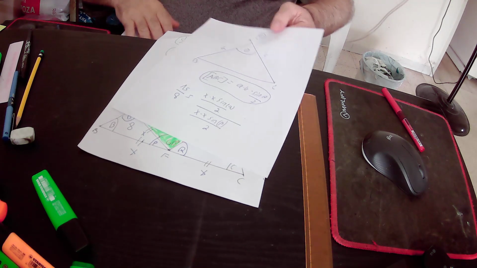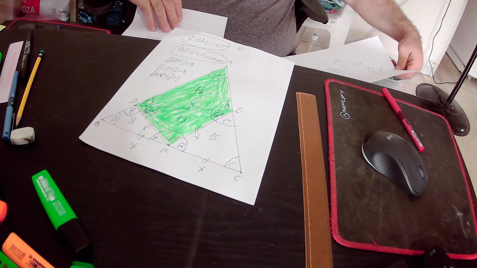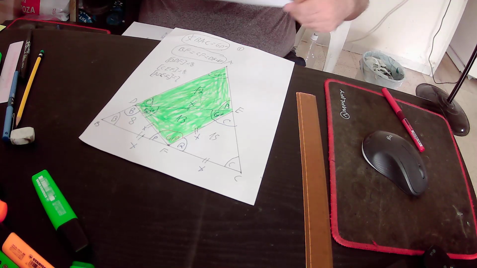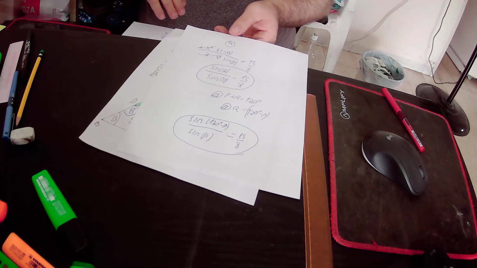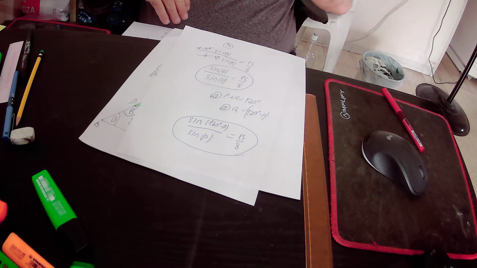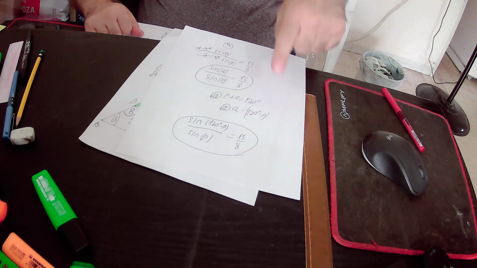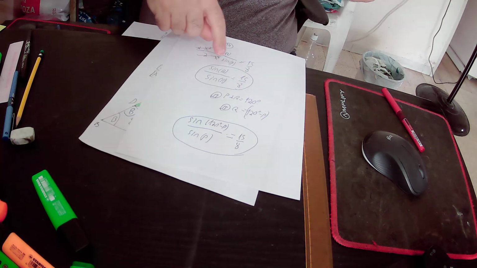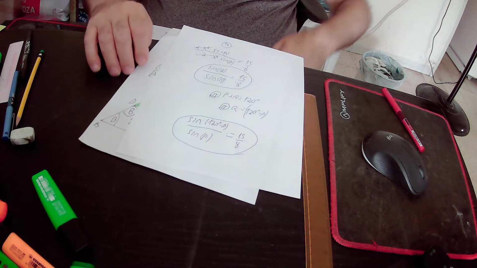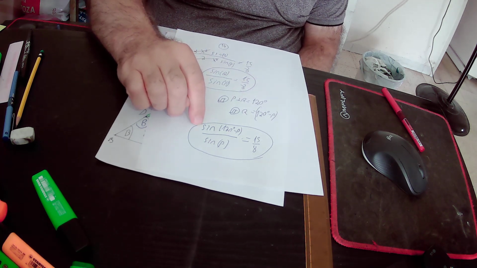Then we found out that sine q over sine p equals 15 over 8. We know that p plus q equals 120 degrees, so q equals 120 degrees minus p. So we can substitute q by 120 degrees minus p, and we got this equality.